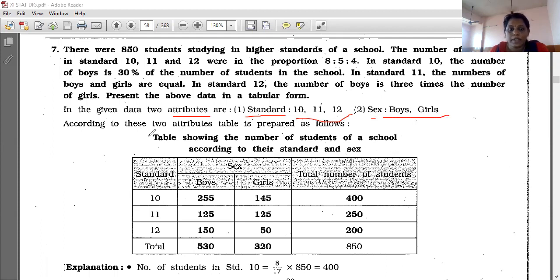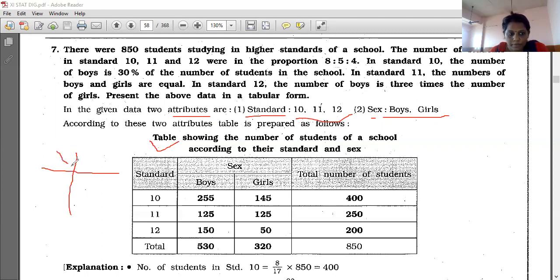Then you have to give a heading. You write the heading: table showing the number of students of a school according to the standard and gender. I told you, you can give the heading in your own words. And now you have to draw a table according to the attributes given, that is standard and gender. You can draw like this also, the way I am doing.